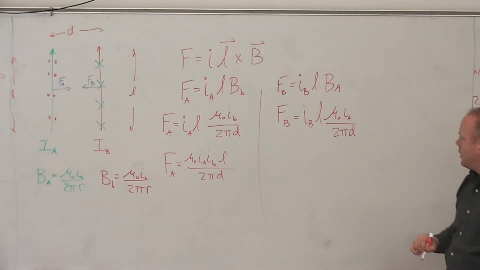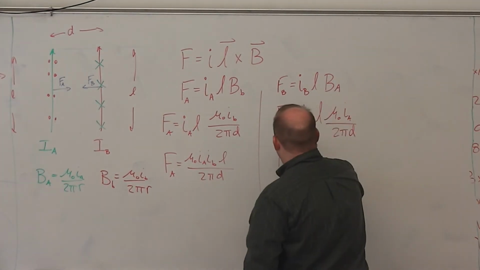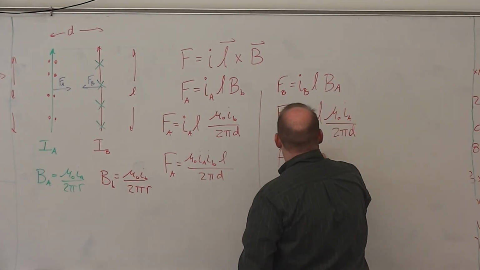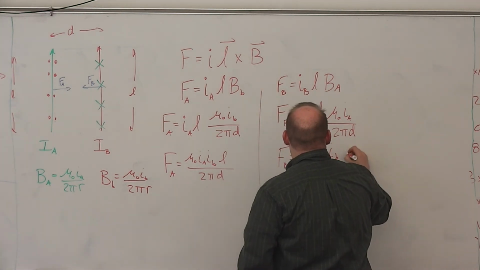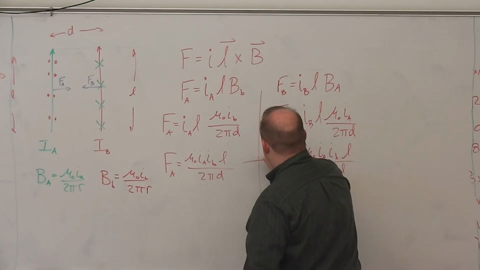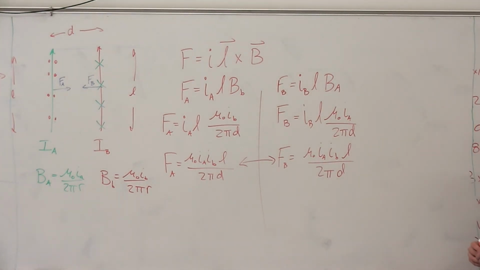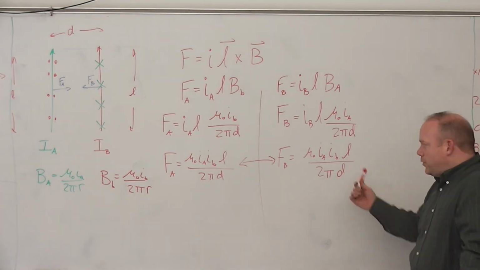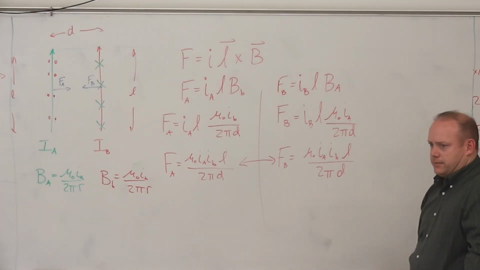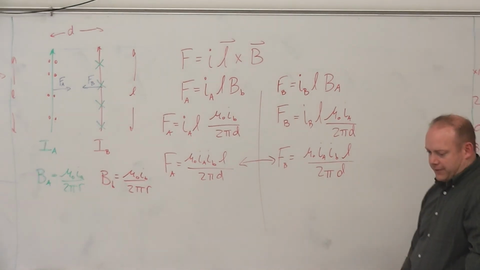Now I just rearrange. F is equal to mu naught I_A I_B L over 2 pi d. Same. So the force on A and the force on B, Newton told us that they had to be the same. This is just showing that they have to be the same.